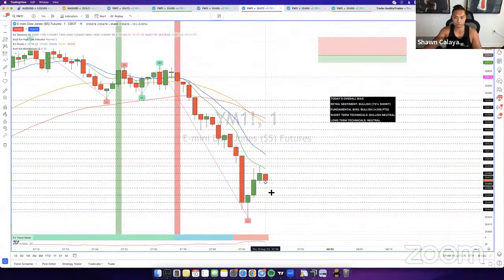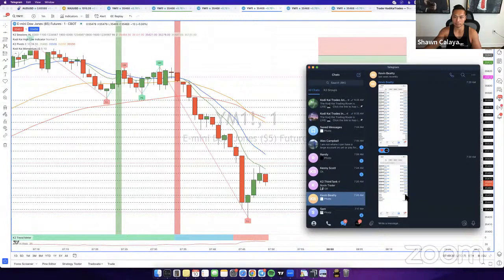Yeah, so I need this to push down a little bit, retrace, and continue down. If we get that, then great, we'll start looking for an entry. We just need to have some sort of direction here. The ATR is still pretty high at 25 because we're going off this candle right here. So the ATR is looking a little decent right now. Nothing too crazy, but it's looking solid with regard to volatility.